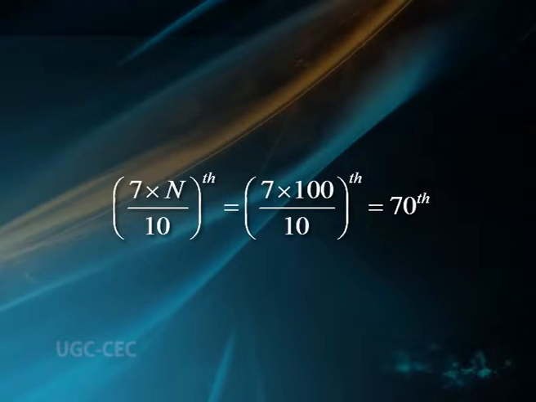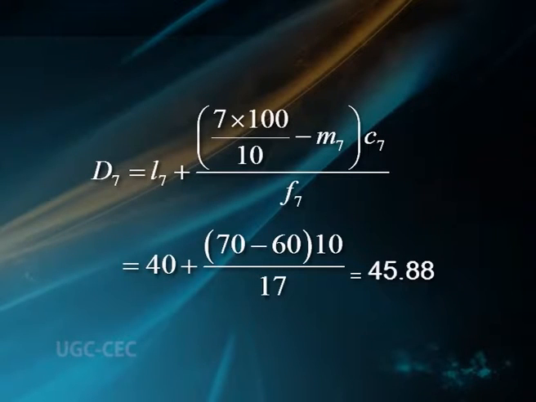To get the 7th decile, we identify the class in which the 7 into N by 10th, that is 7 into 100 by 10th, that is the 70th observation, is coming. Here the cumulative frequencies of the classes are 7, 20, 38, 60, 77, 90, 96 and 100 respectively. Note that the observations from 61st to 77th are coming in the class 40 to 50.